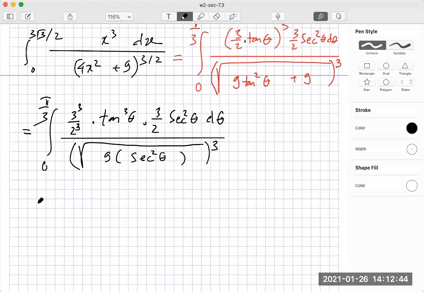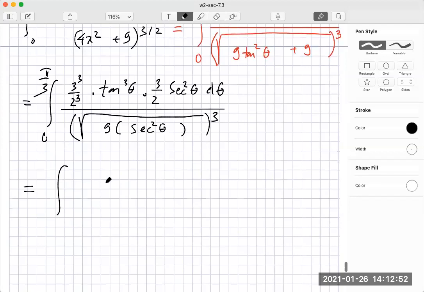Then, same story. Secant squared, 9, we can take it out of the radical sign. It becomes 3 secant with absolute signs, and again, it is positive. Therefore, it becomes 3 secant theta, right? But then they are raised to the 3.